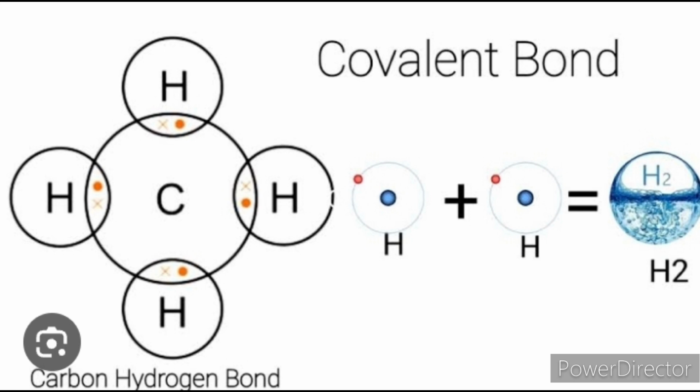Here the carbon atomic number is 6. If the sharing takes place between all the hydrogens, then it can form a noble gas configuration, which is neon. In this way the covalent bond is formed between the hydrogen and the carbon.